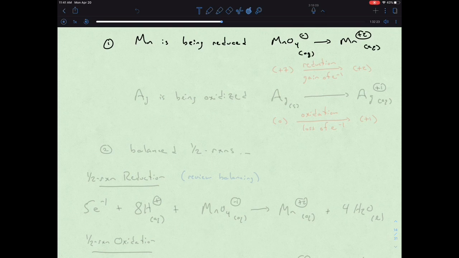What we're looking at is going from the +7 manganese to the +2 manganese, and so there is our reduction or gain of electrons, and the silver is being oxidized.